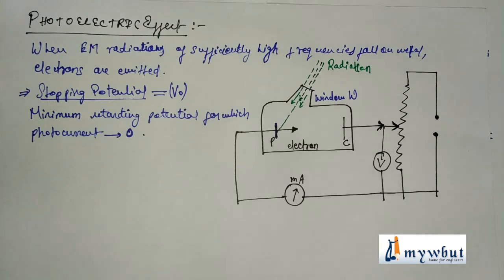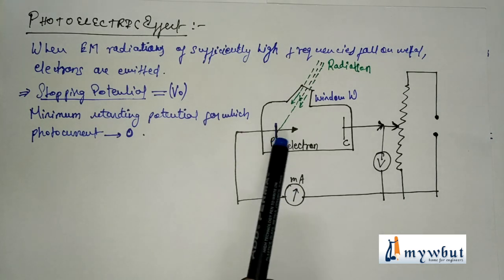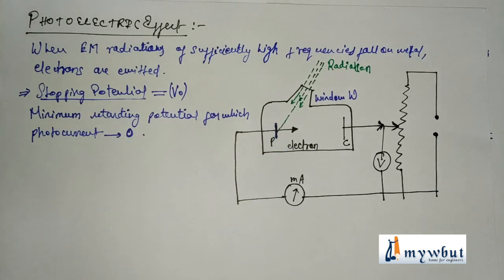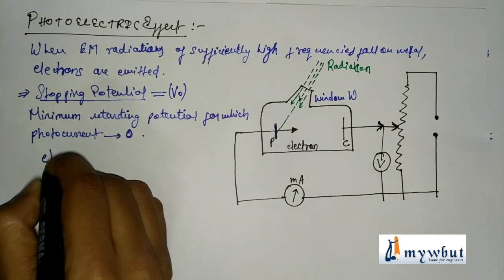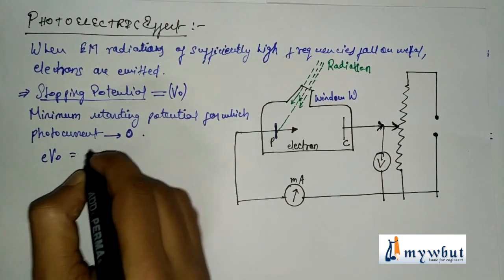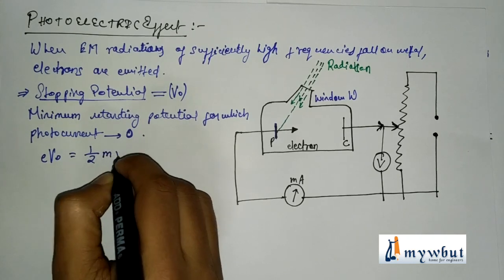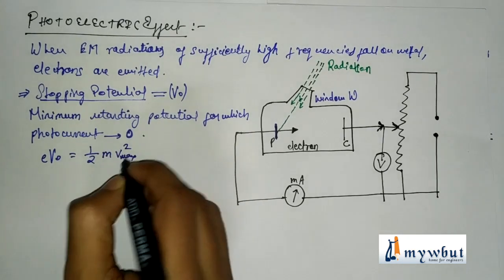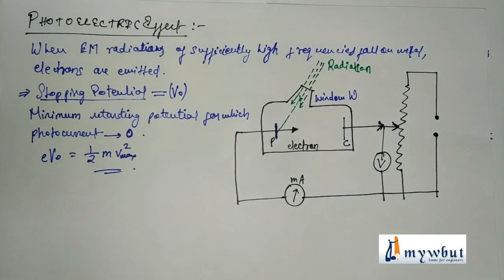So in that case, the photoelectrons with maximum kinetic energy that are emitted from the plate are just able to reach the anode. So the work done by the stopping potential is equal to the maximum kinetic energy of the electrons. Therefore, we can say e into V naught is equal to half m into V max square. Thus, stopping potential gives the estimate of the maximum kinetic energy of the emitted photoelectrons.